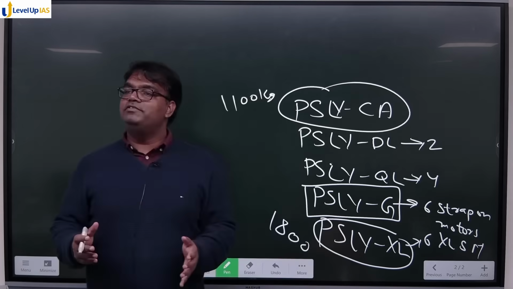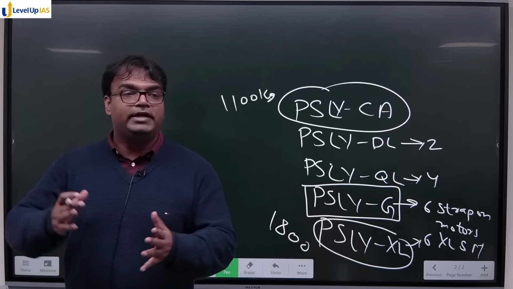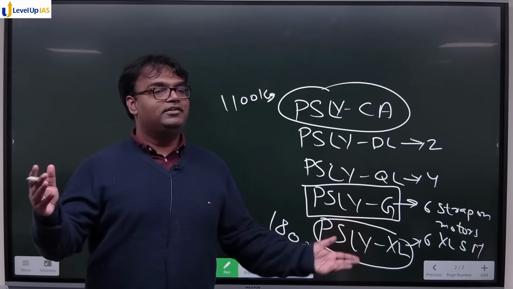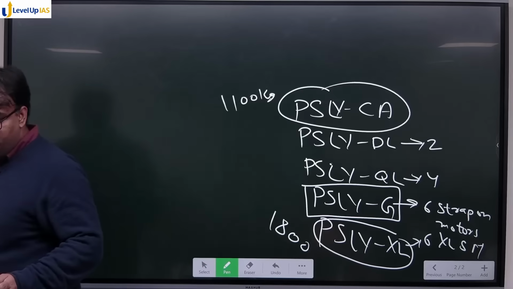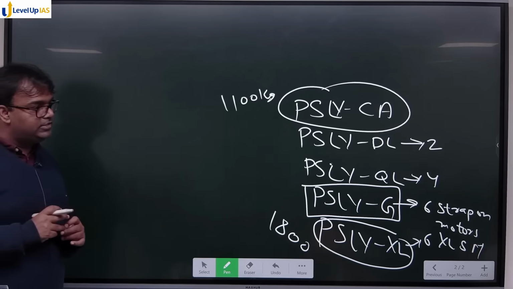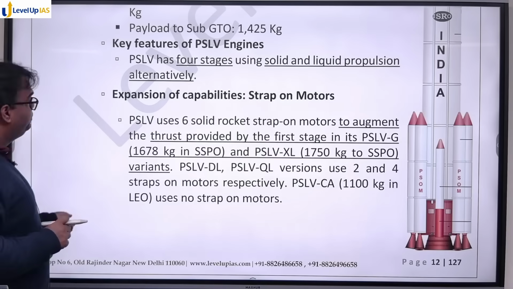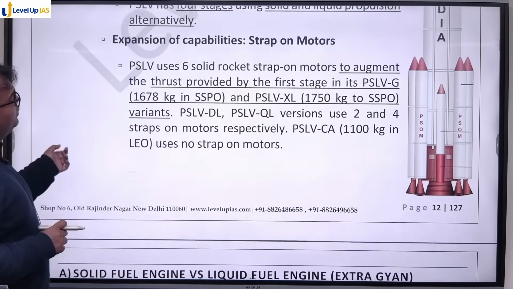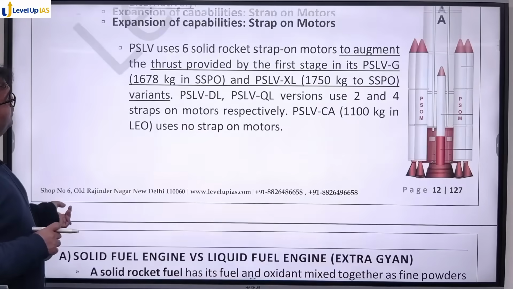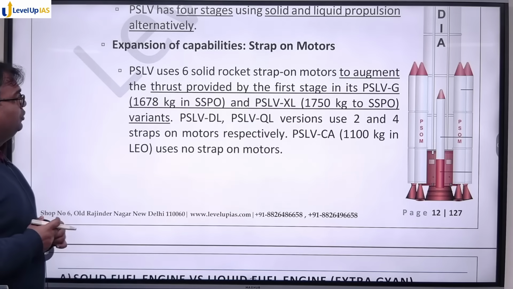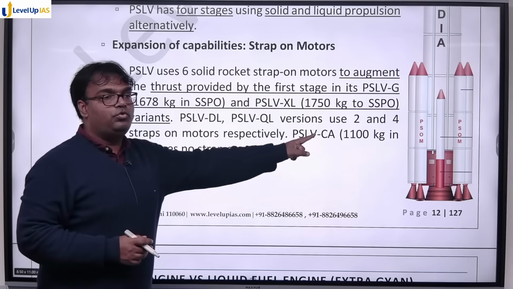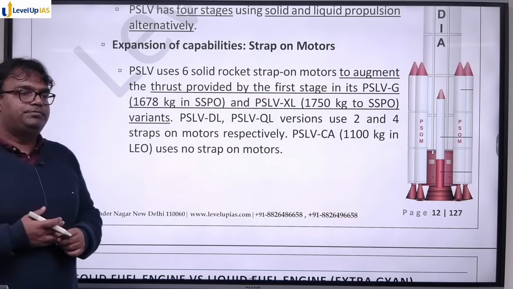And that's why the PSLV system is called an expandable system: its capacity can be expanded. In the initial paragraph it was written that PSLV has an expandable system. Fine. Now see, PSLV XL can carry 1750 kg to SSPO, whereas PSLV CA can only carry 1100 kg to SSPO, low Earth orbit.